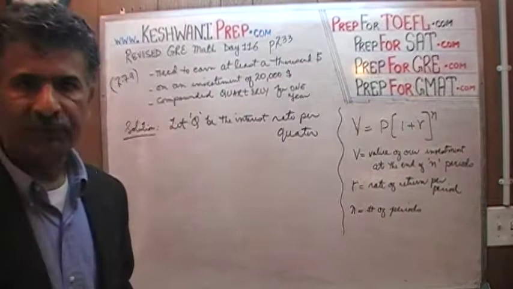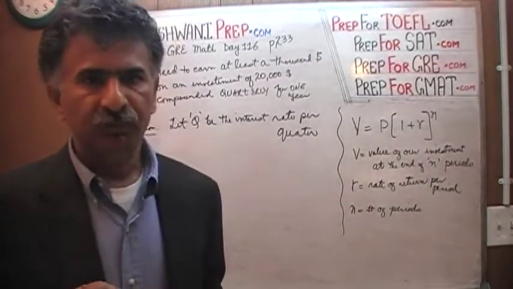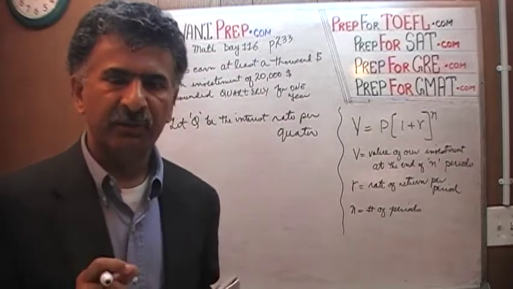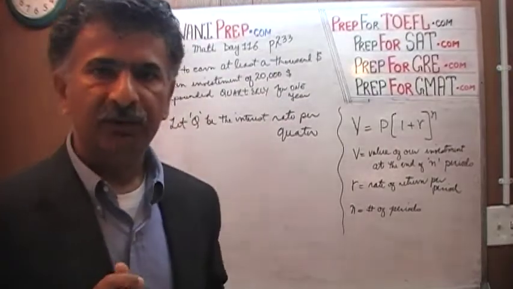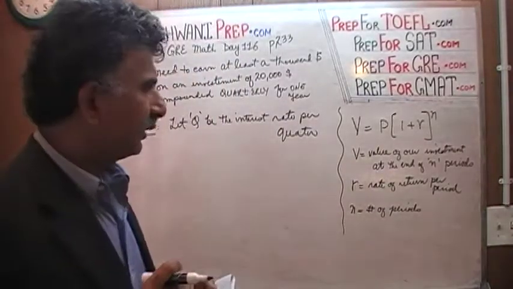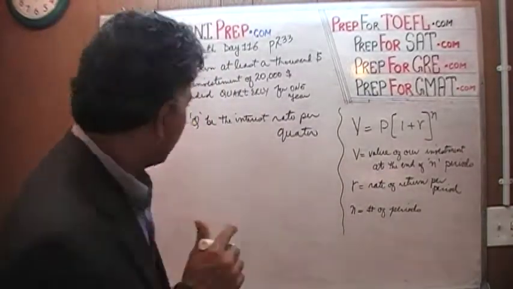As you can see, I'm setting it up very differently than what you see in the book. In the book, they like to be in a straitjacket where the interest rates have to be studied on a per year basis. It's per quarter. So we're going to solve for this Q.